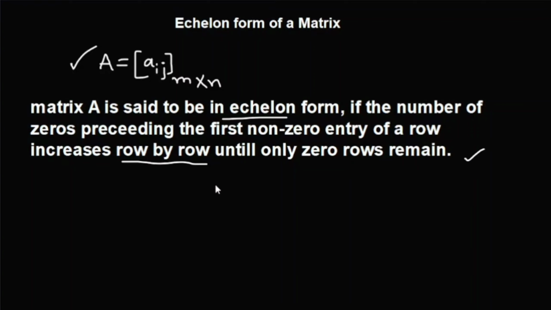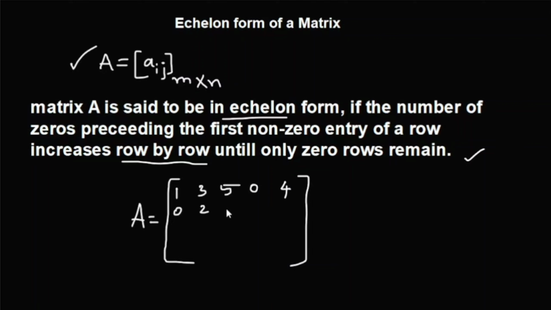For example, let us take this matrix A equal to 1 3 5 0 4, 0 2 4 minus 1 3, 0 0 0 1 3, 0 0 0 0 0. This is of order 4 by 5.